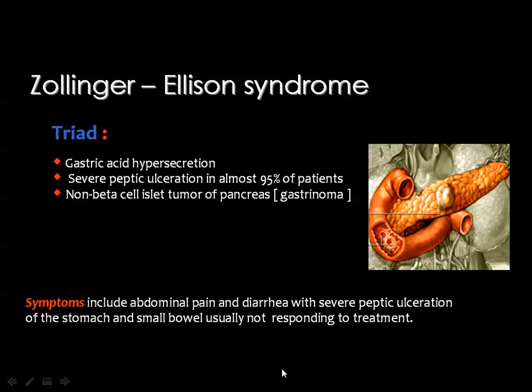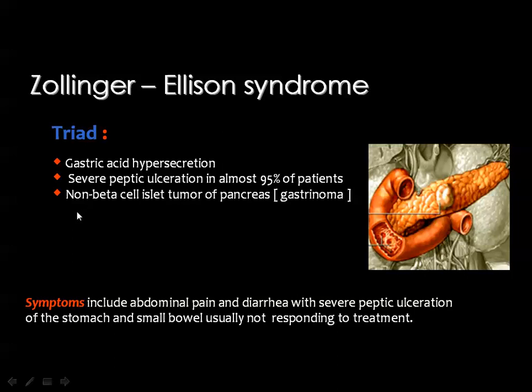Then this syndrome is characterized by a triad, which includes gastric acid hypersecretion or hyperacidity, severe peptic ulceration, which are usually multiple and are usually located in atypical locations.